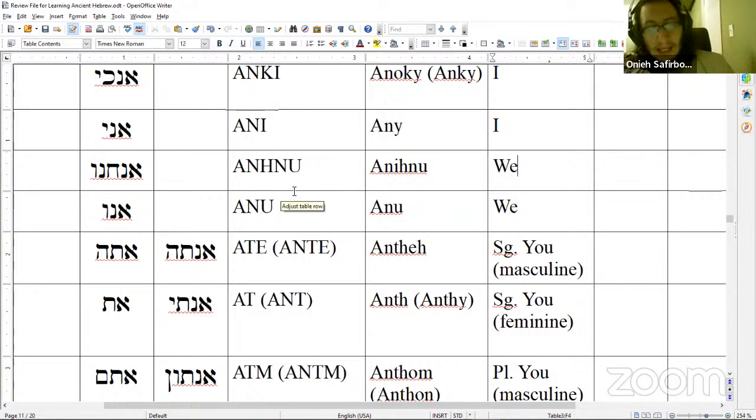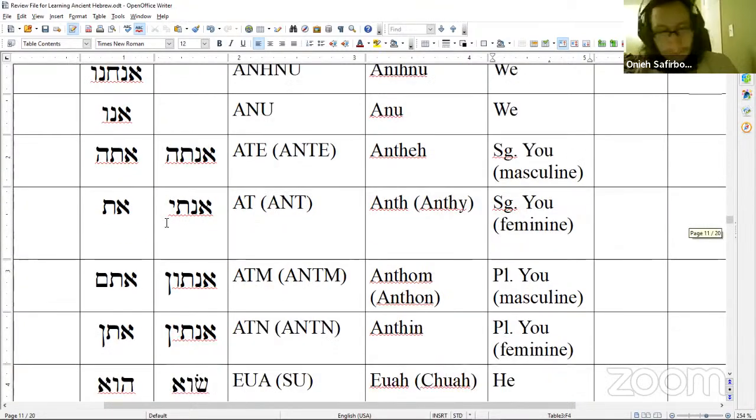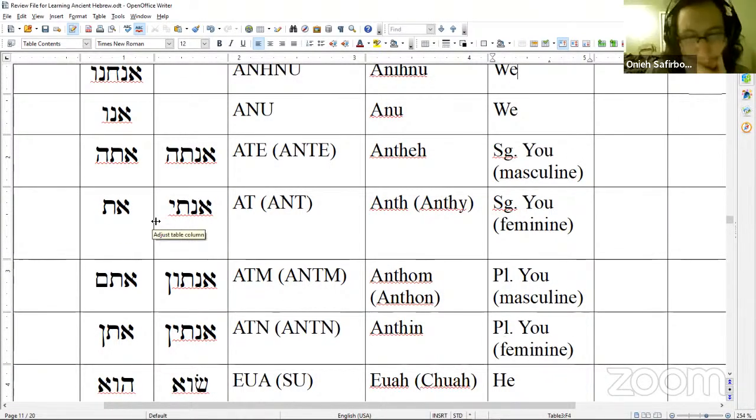Then we've got Antha, that means the singular you for masculine. And the singular you for feminine is Anth, originally Anthi. And the plural you for masculine is Antham, originally Anthon. And plural you for feminine is Anthin.